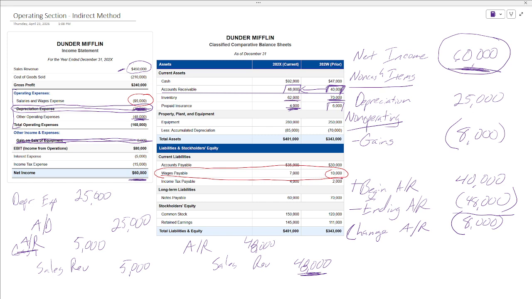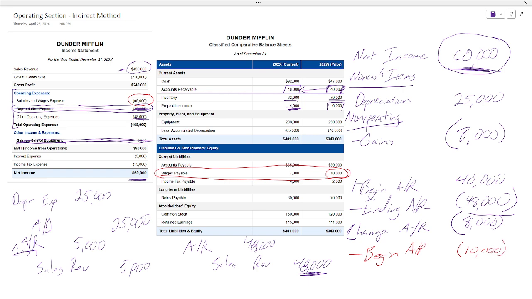This $10,000 at the beginning of the year, that's what we owed our employees. So the presumption is that we paid that $10,000 this year, even though the expense was last year. So with liabilities, we need to subtract the beginning because we paid it this year. I'm just going to put accounts payable because it works the same.